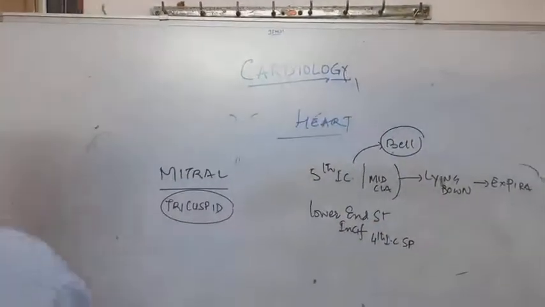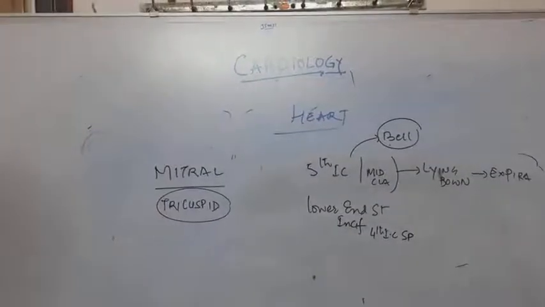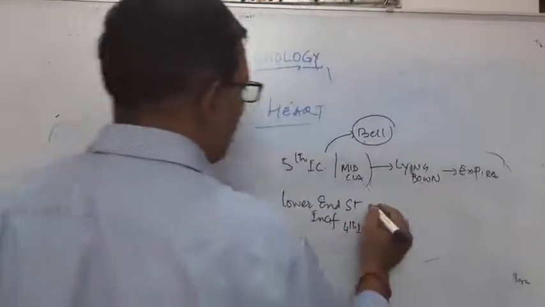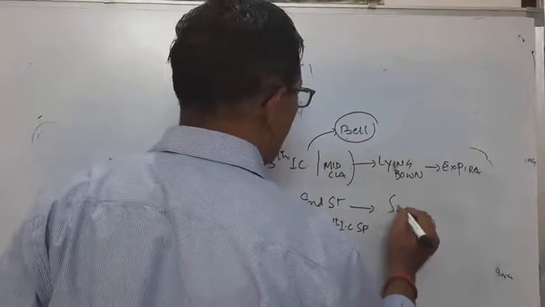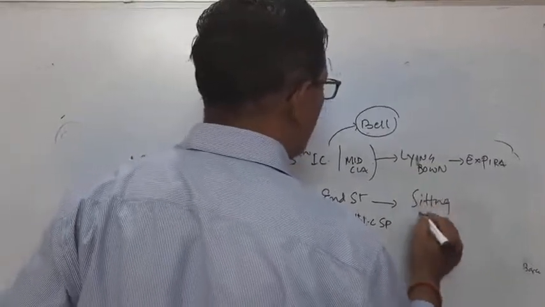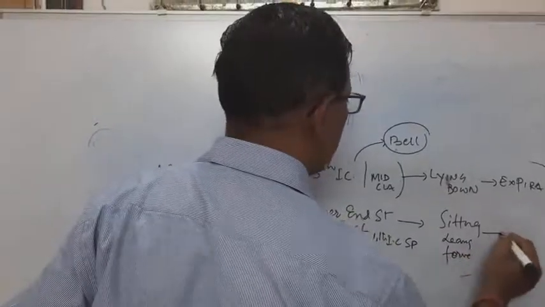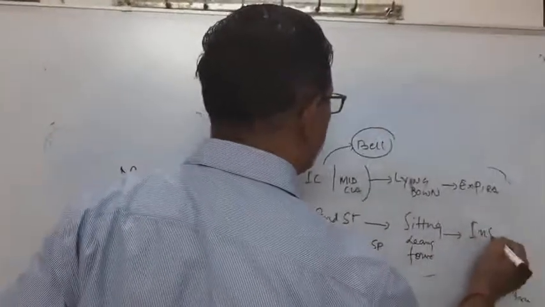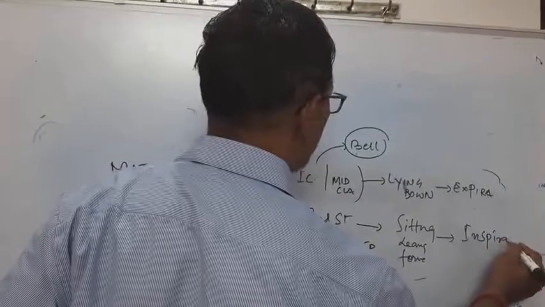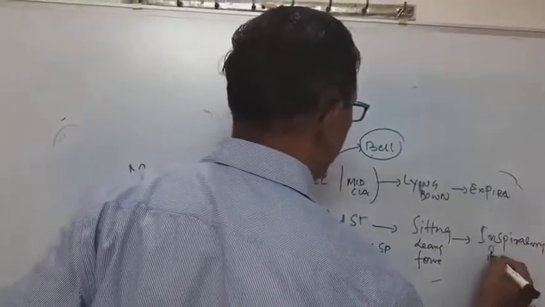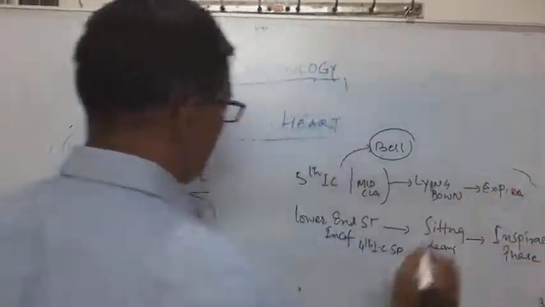So whatever the question, it is the lower end of the sternum near the ensiform cartilage, or the fourth intercostal space. Now how do you take this sound? You take it sitting and leaning forward. This sound is taken during the inspiratory phase.